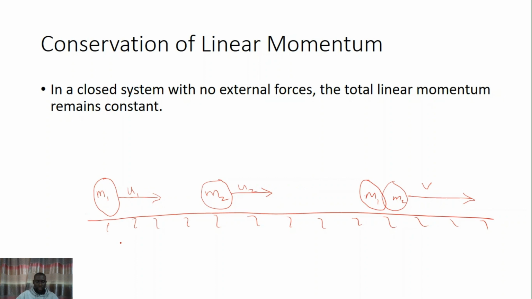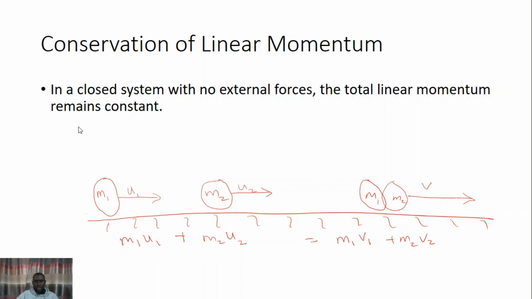Meaning that the momentum before, which is M1 U1 plus M2 U2, will be equal to M1 V1 plus M2 V2. This is what the principle of conservation of momentum states. So take note of that as you'll be using it in the subsequent calculations.